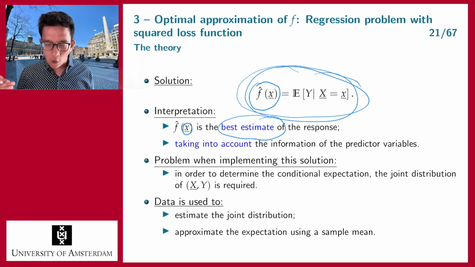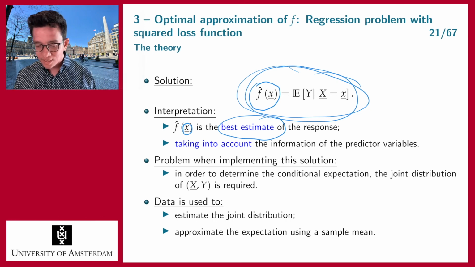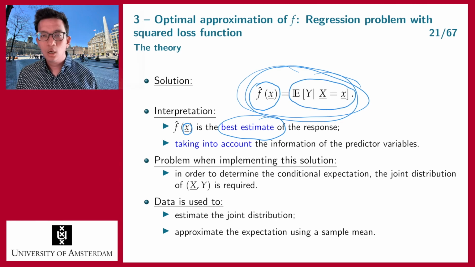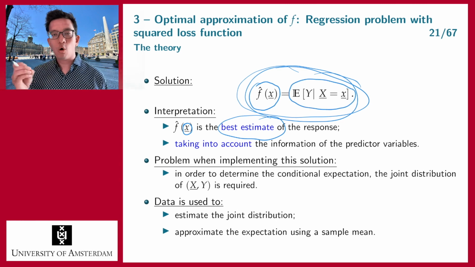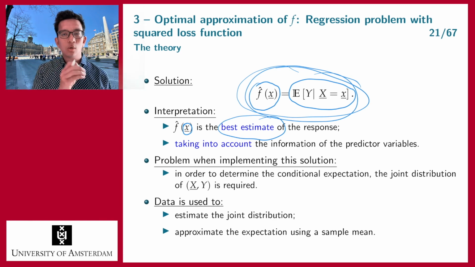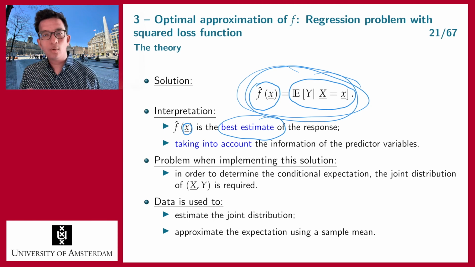So it seems our problem is solved. I said any statistical learning algorithm is looking for f hat, but here I prove mathematically what f hat should be. The problem is, however, that in order to calculate this conditional expectation, we need the distribution of y given x. I need the distribution of y conditional on the predictor variables x, and I don't know that distribution.